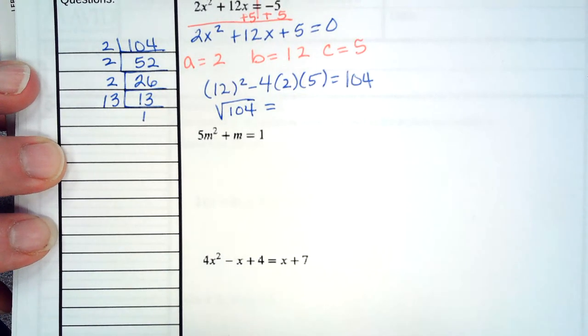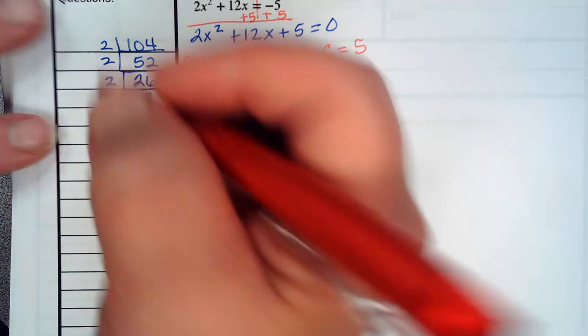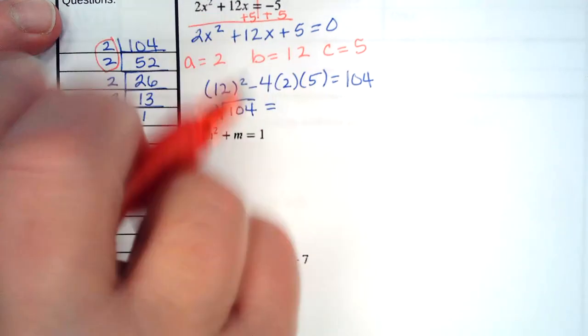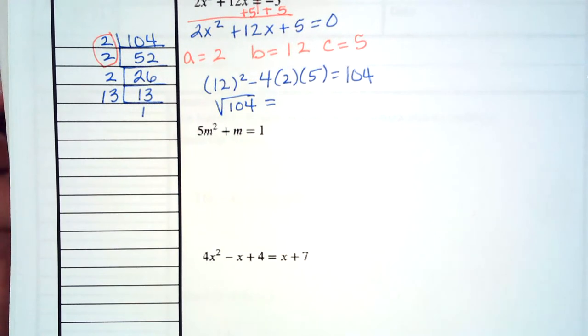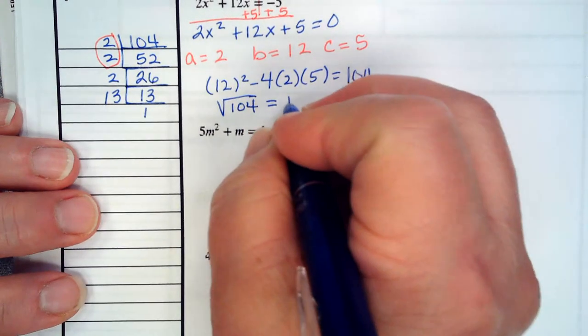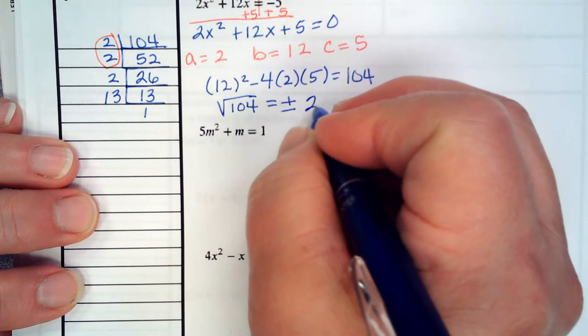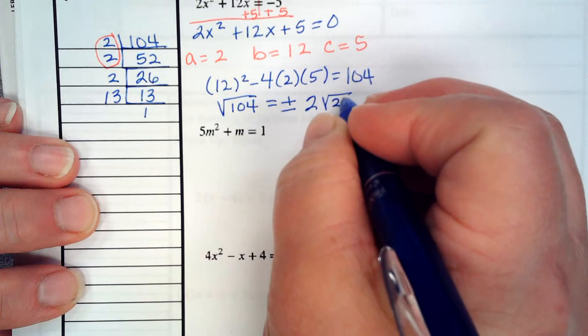Okay, I've got one pair of 2's I can bring out. Then 2 times 13, which is 26, will stay underneath. So this is positive or negative 2 square root of 26.